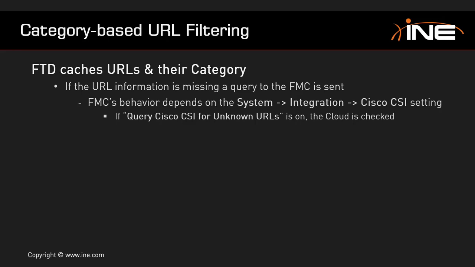Okay, now if you disable the query Cisco CSI for unknown URL option and FTD asks FMC for a URL it doesn't know, FMC is going to immediately reply back to the FTD with the uncategorized group for the URL.